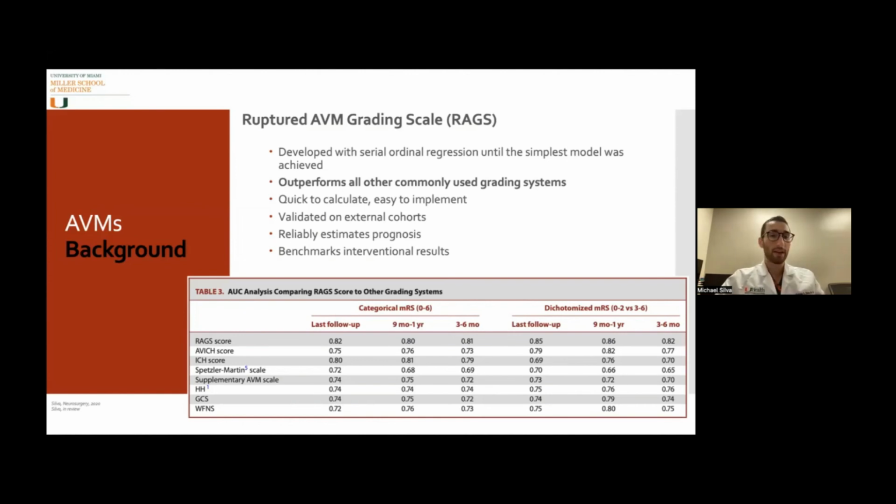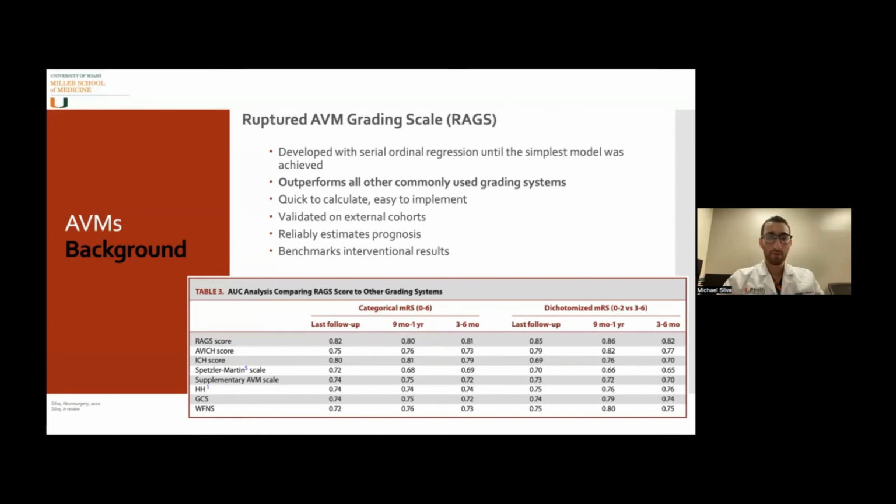Importantly, it's quick to calculate and easy to implement. We've now done subsequent studies validating it on external cohorts, and we found that it reliably estimates prognosis with higher accuracy and higher predictive value than other grading scales. Another way to think about it is as a way to benchmark interventional results.